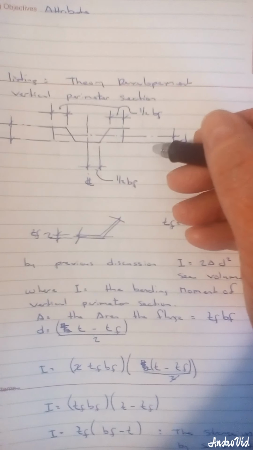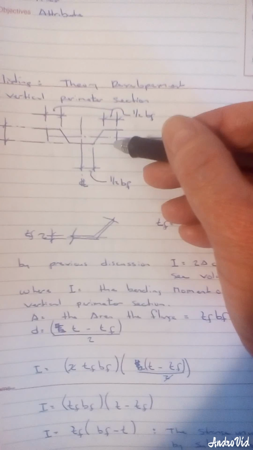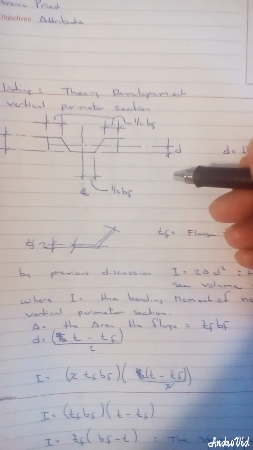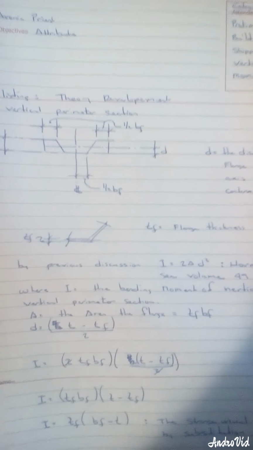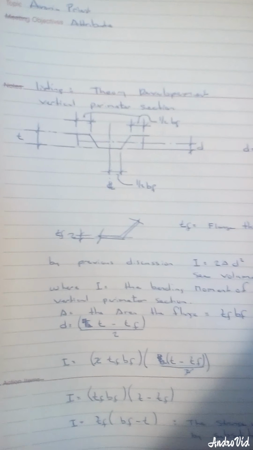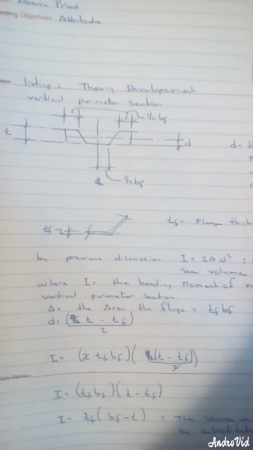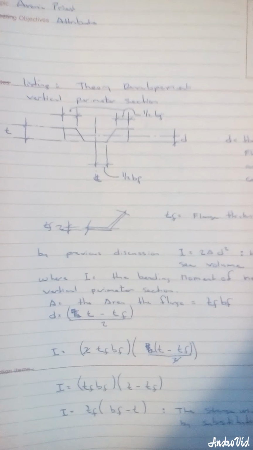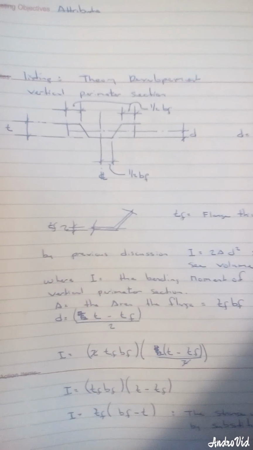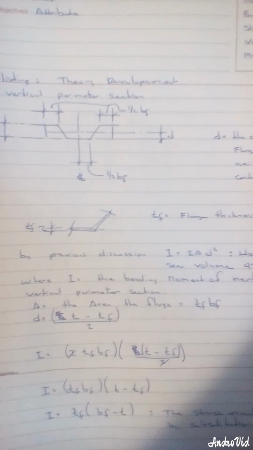Now, due to the condition of symmetry, there's a distance here to the neutral axis, and that occurs at 1/2 the thickness minus, in the simplified theory, the thickness of the flange.